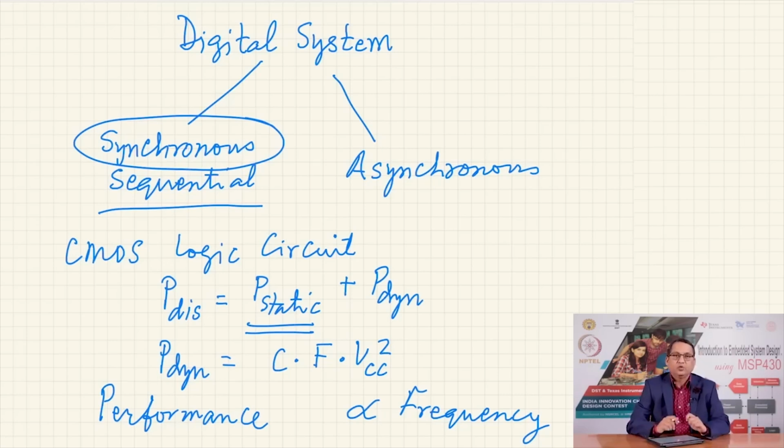And so, these are two arguments which are pulling in opposite directions, and therefore, as an efficient embedded system design, you must strike a balance, one which optimizes the power dissipation and the other side where the frequency is high enough for the system to work properly.